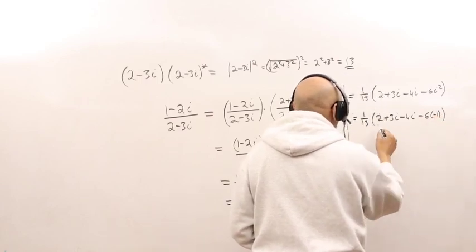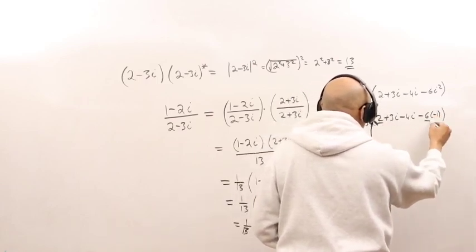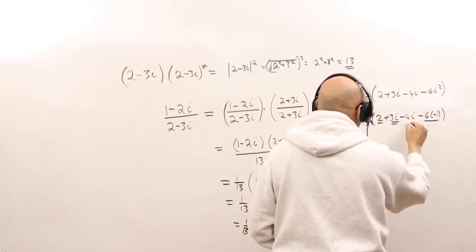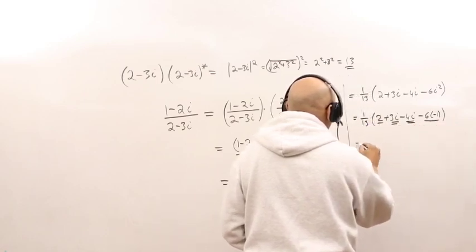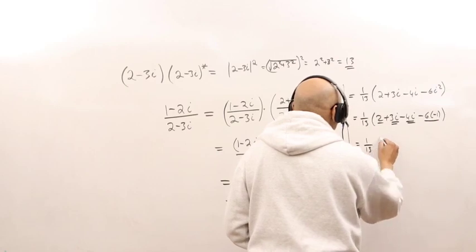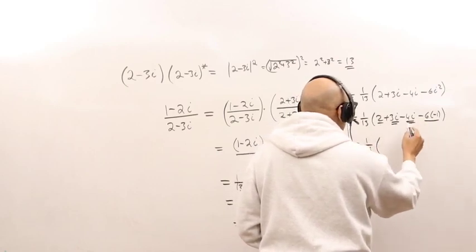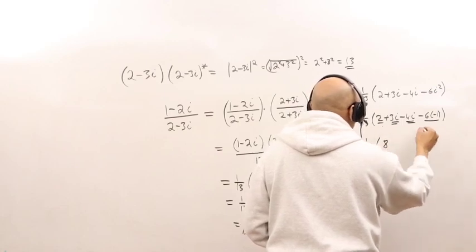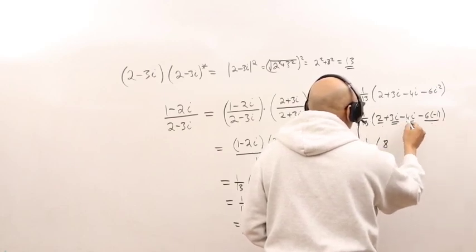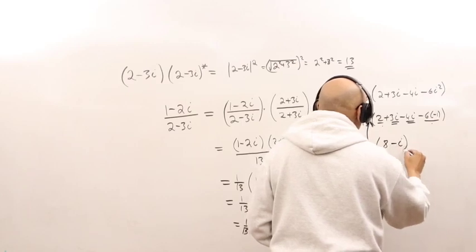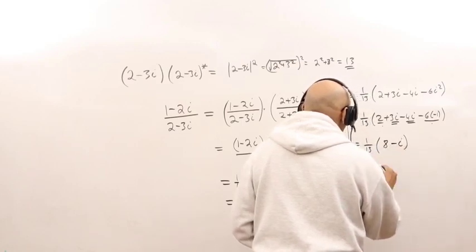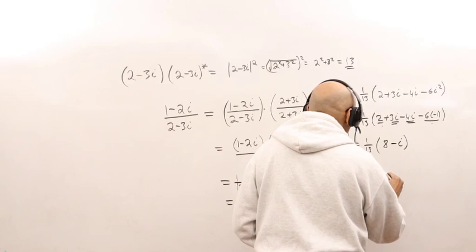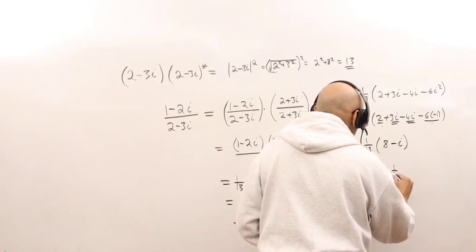So I'm going to put all the terms together, so there's a real number here and a complex portion here. So this becomes 1 over 13 times (2 plus 6, which is 8, and 3i minus 4i, which is minus i). So we get the answer: 8 over 13 minus 1 over 13 i.